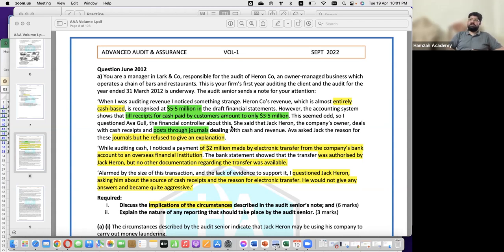And this excessive secrecy over transactions is an indication that money laundering is taking place.